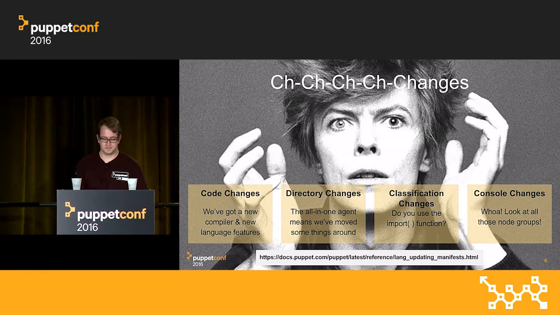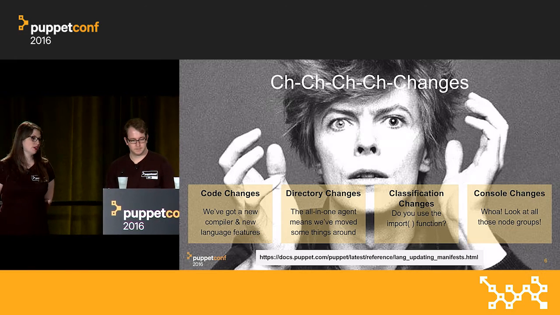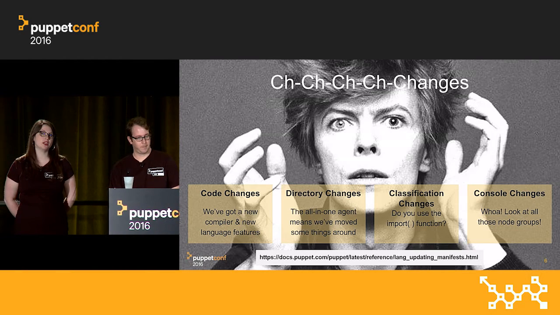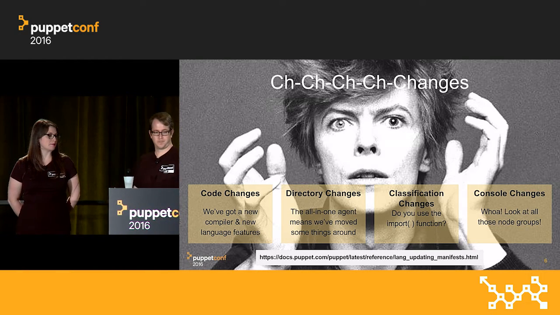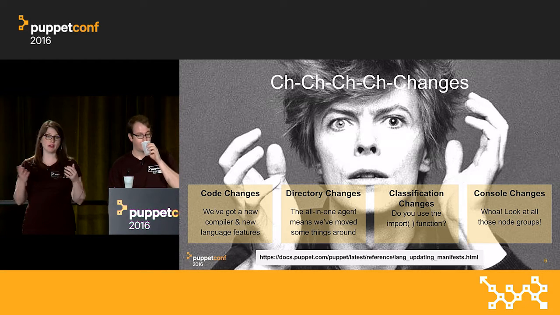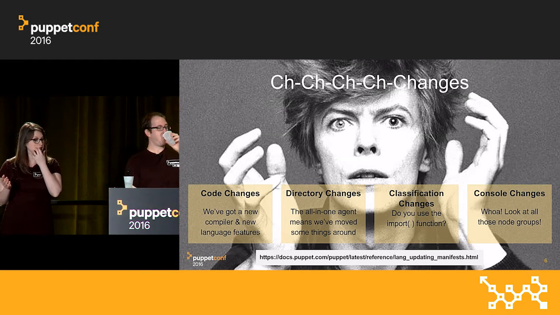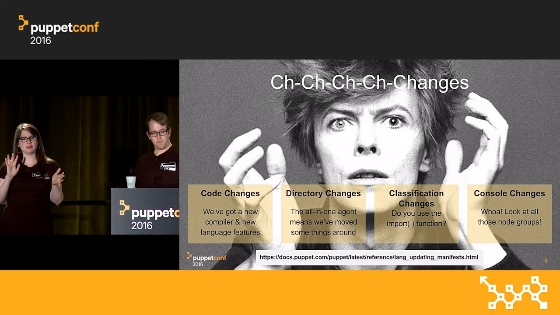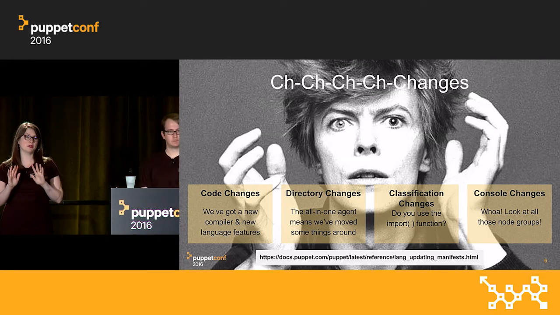So we've also made some classification changes. The classifier actually changed. The big change was in 3.7, but Puppet now uses directory environments by default. And there's also a separation between two different types of what we call node groups. So we now have environment groups and classification groups.